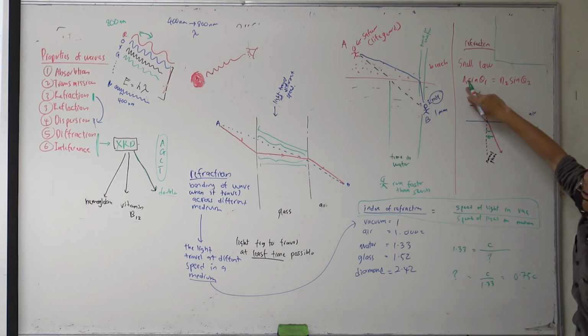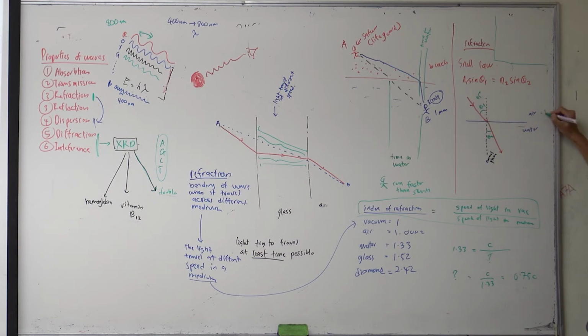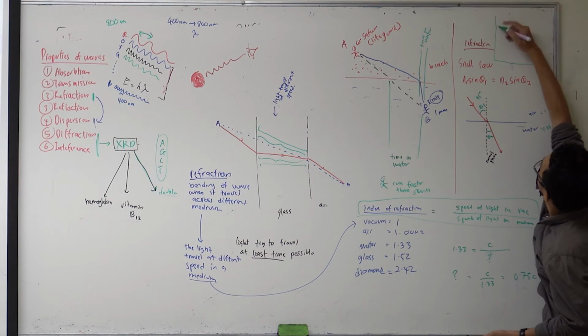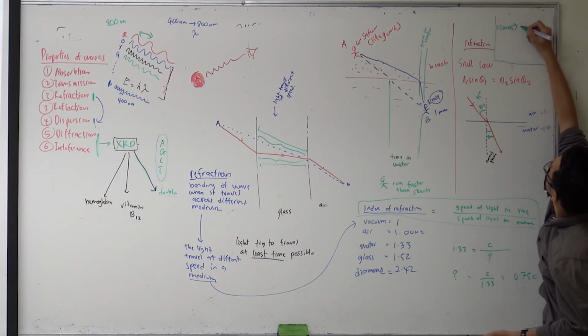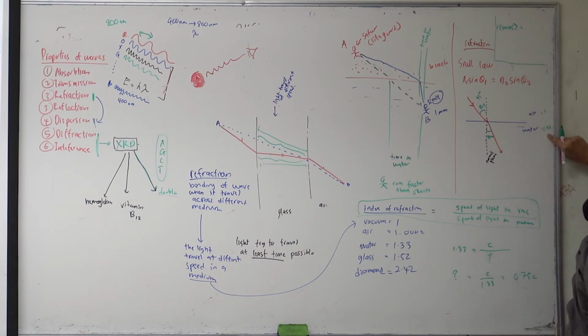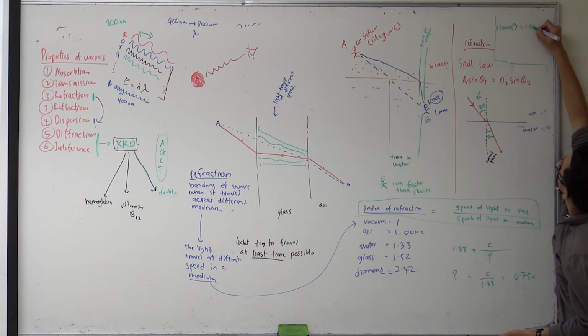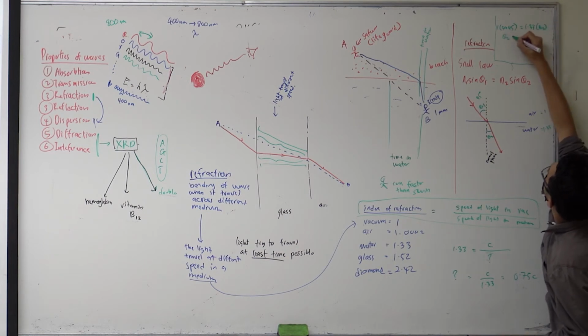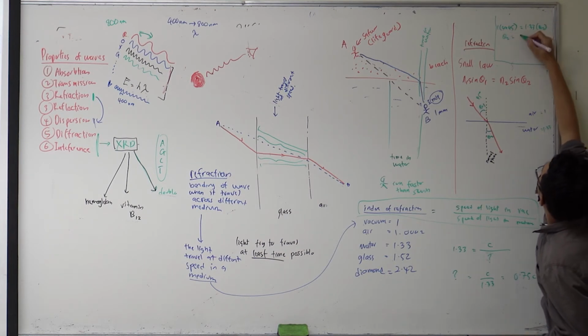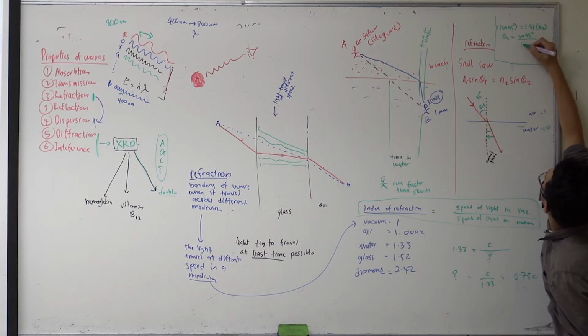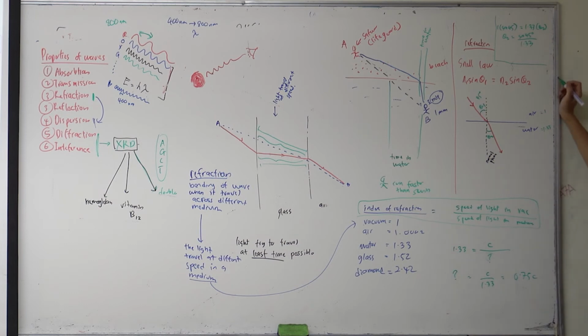So you have n1. n1 for air is 1, and for water is 1.33. So you put 1 times sin 45 equals n2, which is 1.33, times sin theta 2, and you don't know theta 2. So sin theta 2 is sin 45 degrees over 1.33.